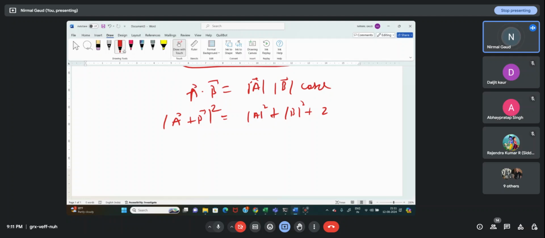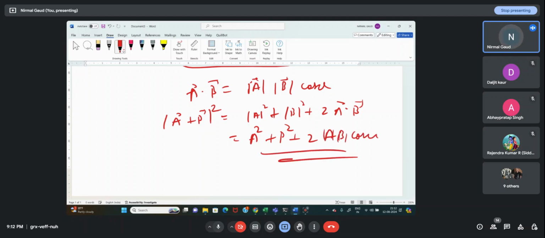Okay, that means A vector dot B vector, and you very well know what A vector dot B vector is. This is |A||B| cos theta. So this is A square, this is B square, and this is 2|A||B| cos theta. Okay, and I guess that's what they are claiming here.